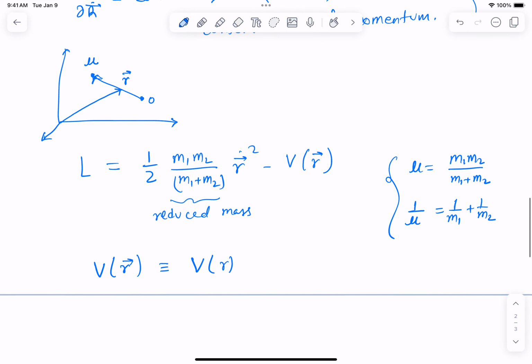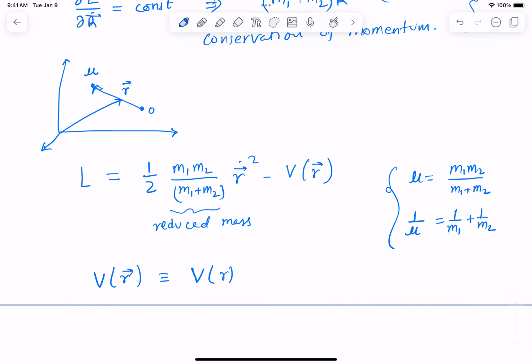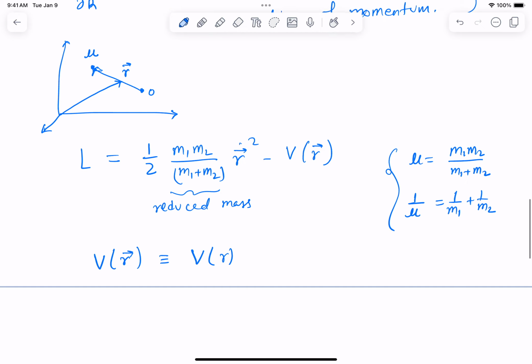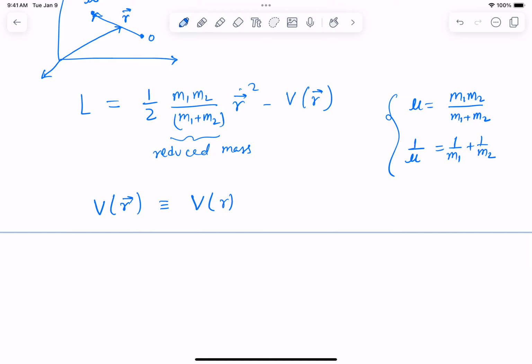So if you think in terms of the two object system, what matters is only the distance between the two objects, or only the distance from the origin to the mass mu, not the vector, only the distance which matters.